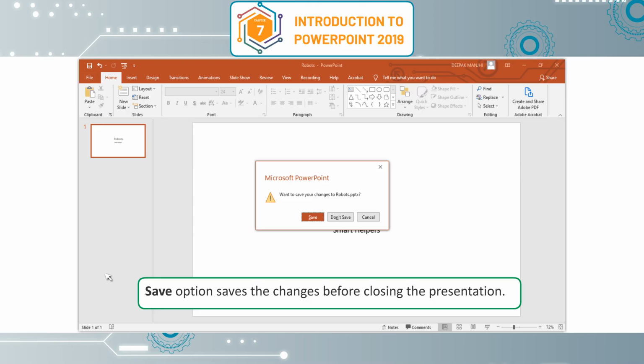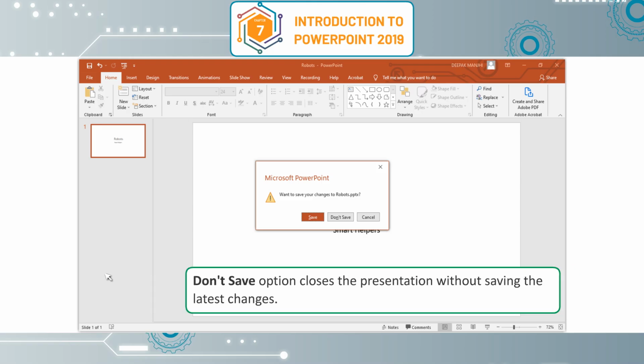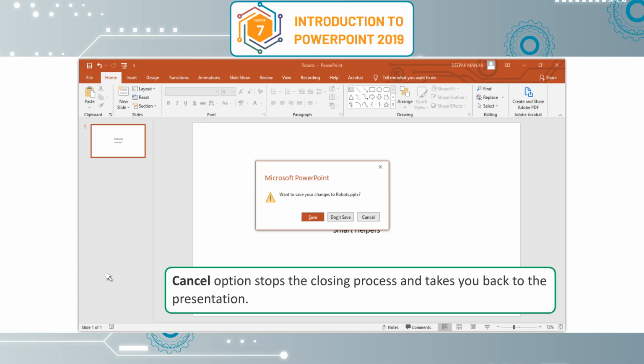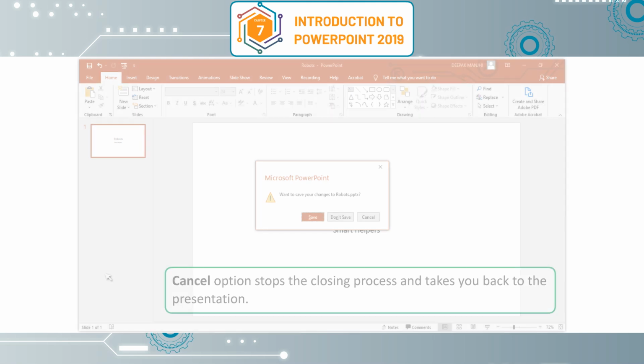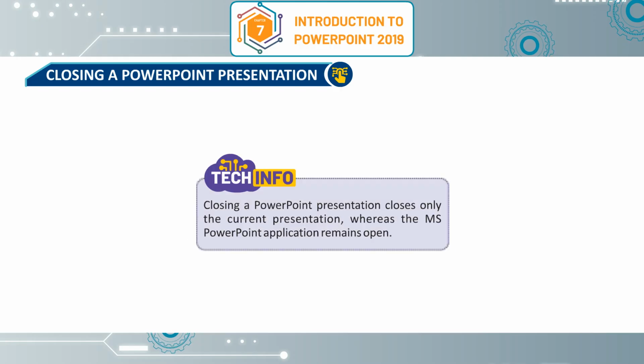Save option saves the changes before closing the presentation. Don't Save option closes the presentation without saving the latest changes. Cancel option stops the closing process and takes you back to the presentation. Tech info. Closing a PowerPoint presentation closes only the current presentation, whereas the MS PowerPoint application remains open.